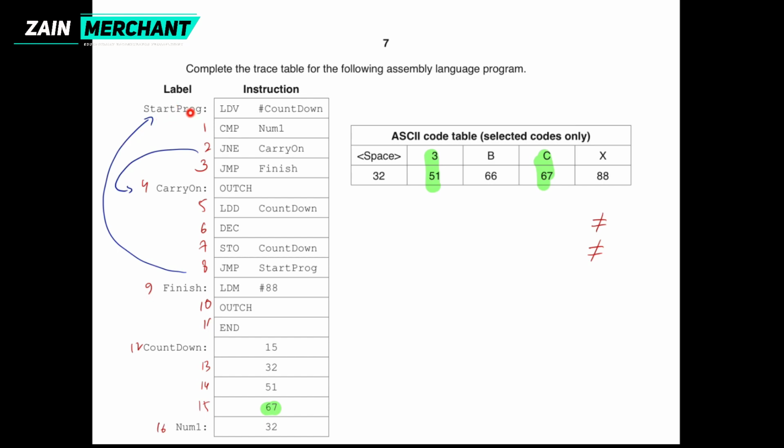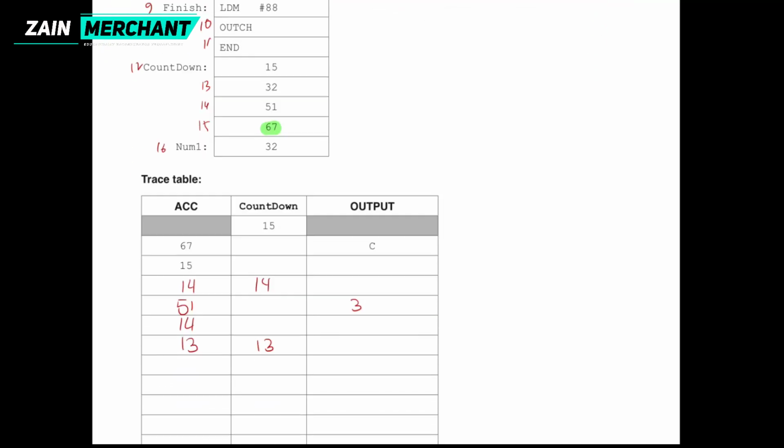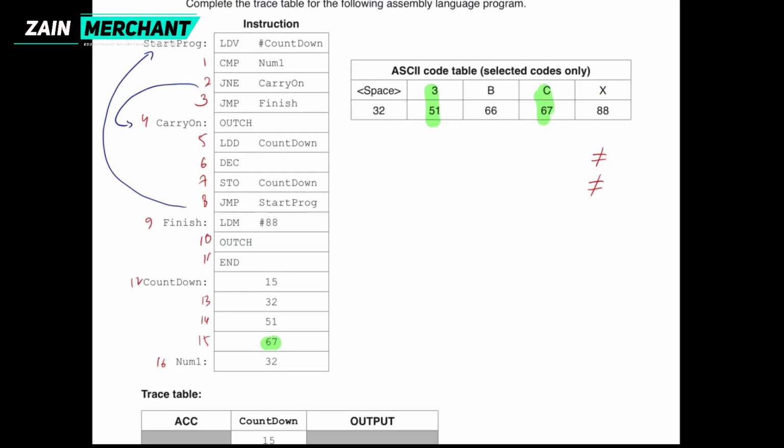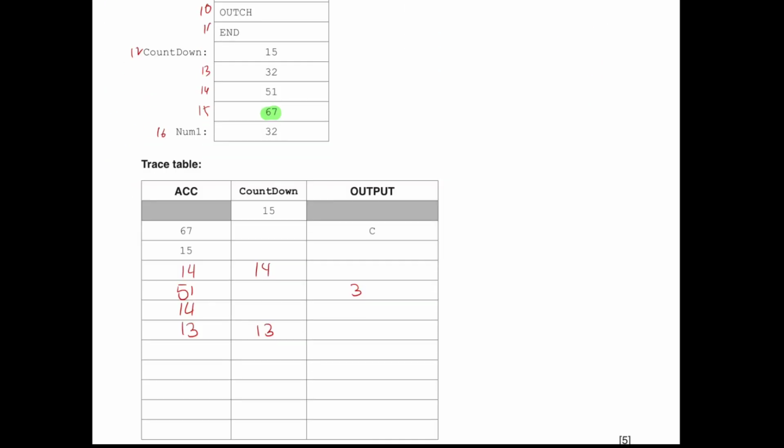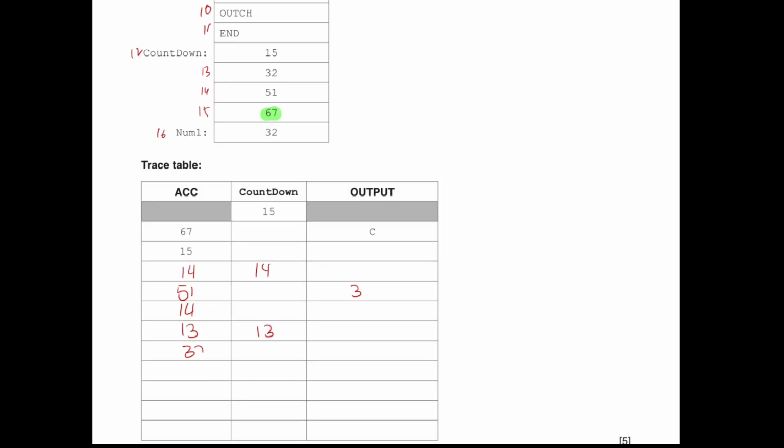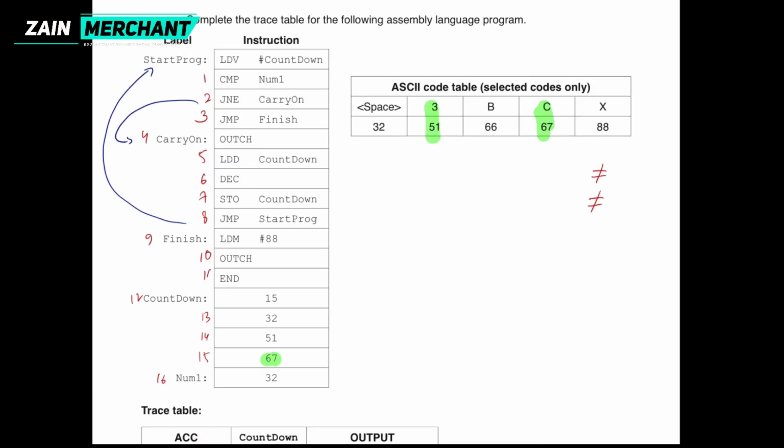You jump here. So LDV hash countdown. The current value for countdown is 13. You go 13 steps down. So this is 32. You load this value 32 into the accumulator. Then you compare with num1. So num1 is 32. So 32 and 32 will be the same, and this is equal to.